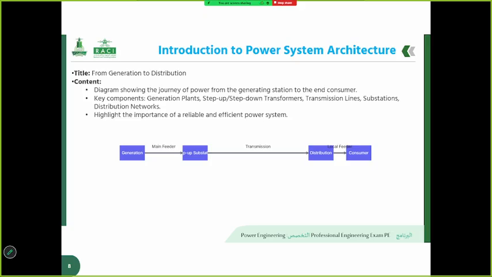The reliability of this system is paramount, as it underpins virtually every aspect of modern society, from our homes and business critical infrastructure like hospitals and transportation systems. Therefore, understanding the architecture and operation of this system is fundamental for any engineer in the field.